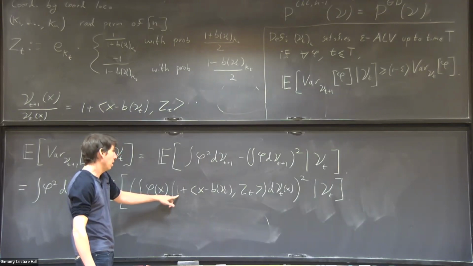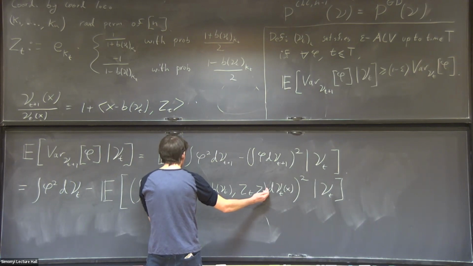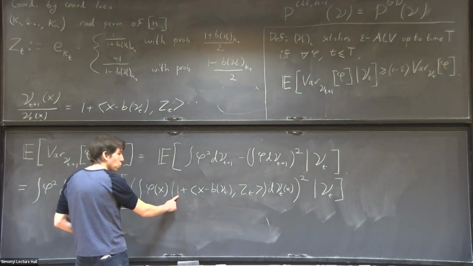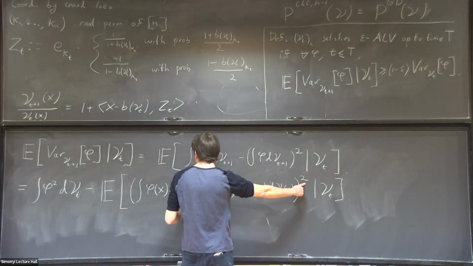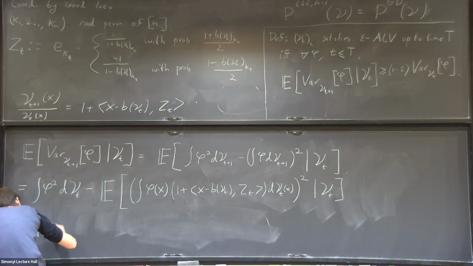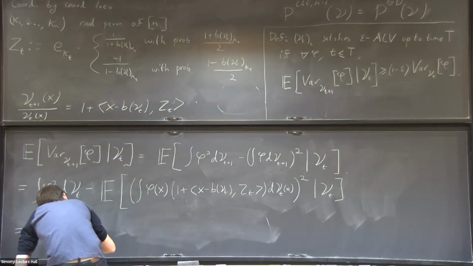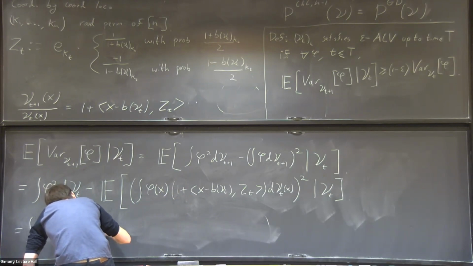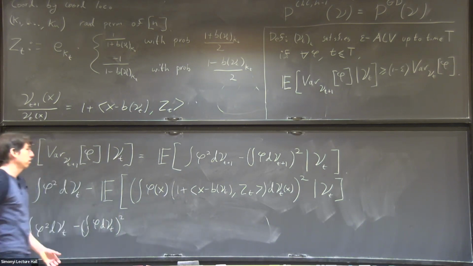Good. So now let's open these brackets, and what will we have? I'll have nu t times 1, and then square here. I claim that this 1 here is going to give me the integral of phi d nu t, squared. That was the original variance.